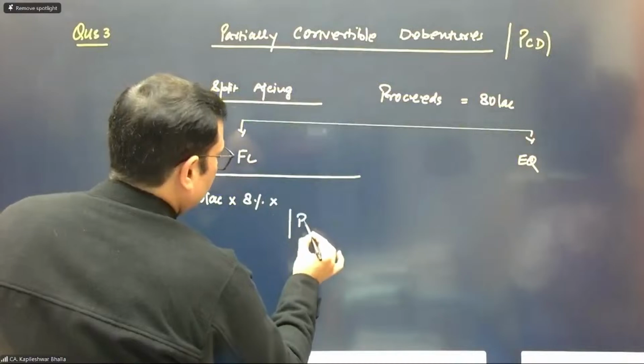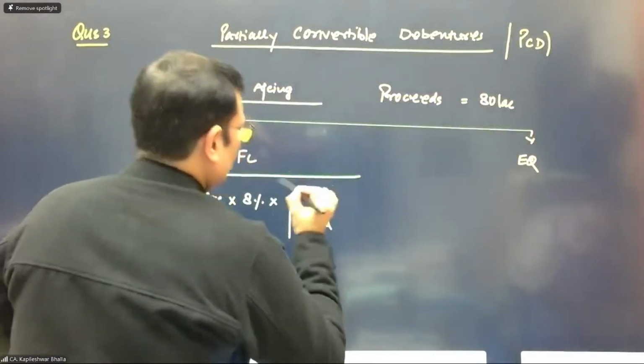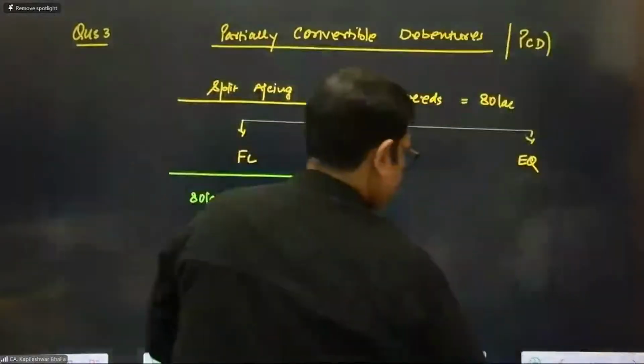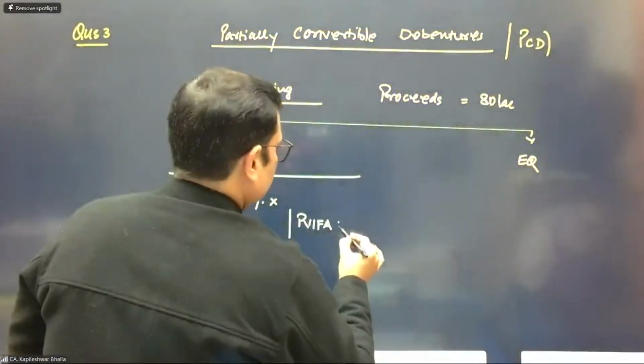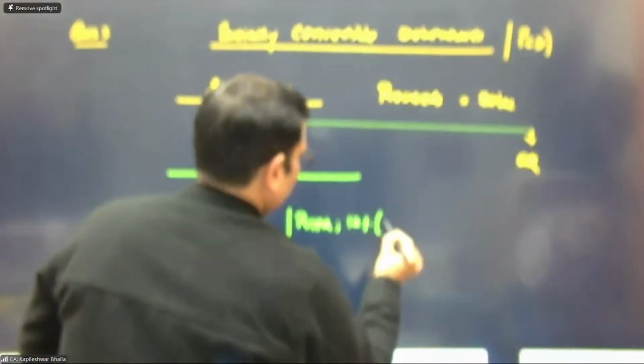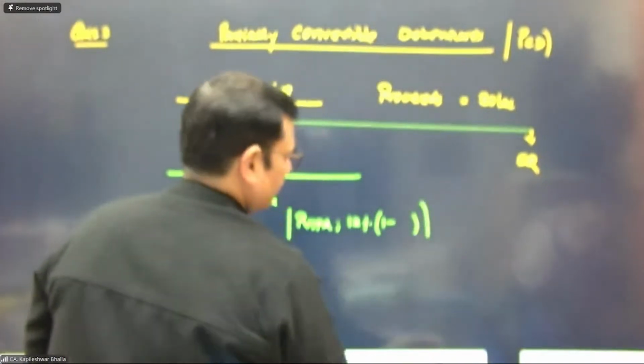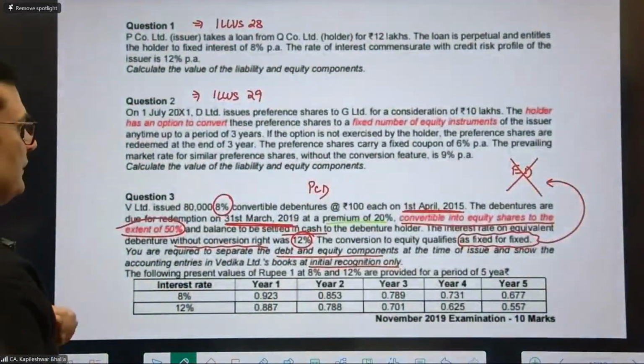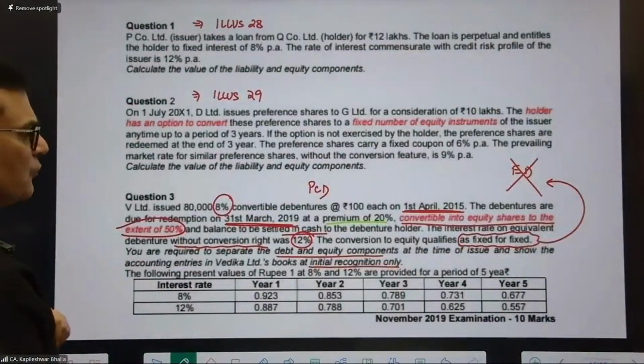And we need to calculate the PVIFA, which was at 12%, I guess. So this is going to be at 12% for a period of, I think, 4 years or 5 years. April 15 to March 19, I guess 4 years, right?